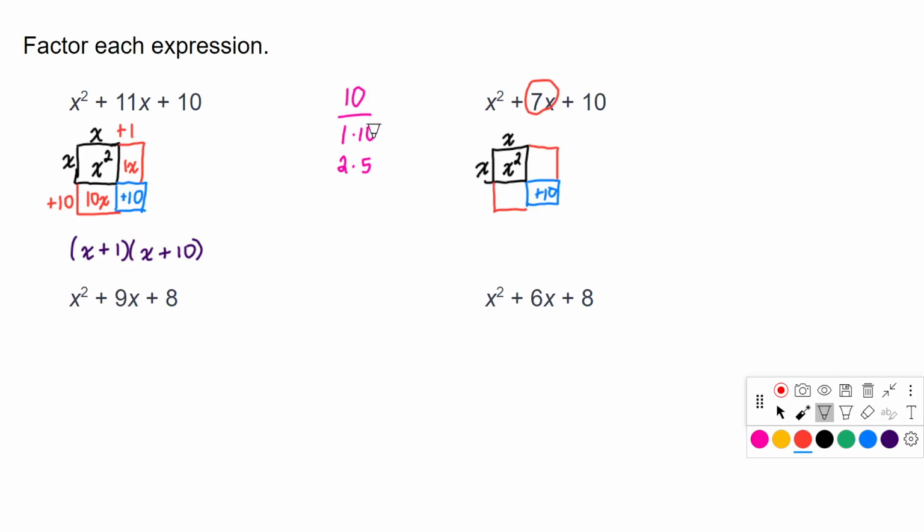Well, 1 and 10 we saw in the previous one add to give us 11. 2 and 5, 2 plus 5, so 2x and 5x will add to give me the 7x, as long as they are both positive. And 2 times 5 is 10, which is the number of units that we have. So this factors as x plus 2 times x plus 5.